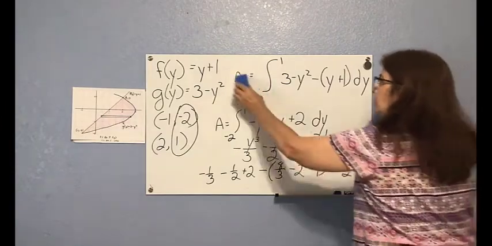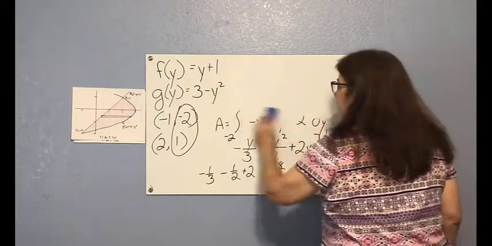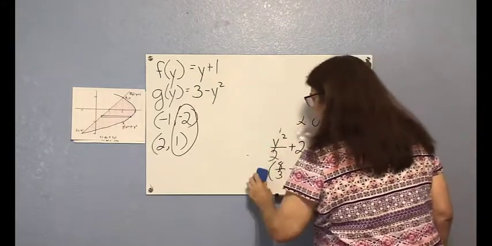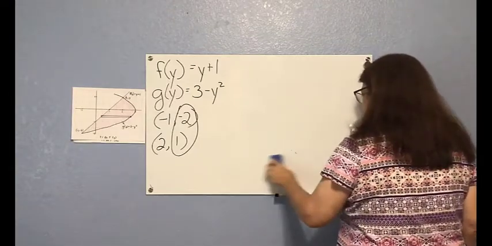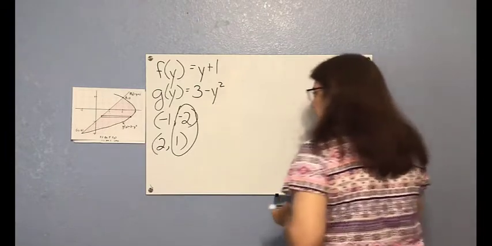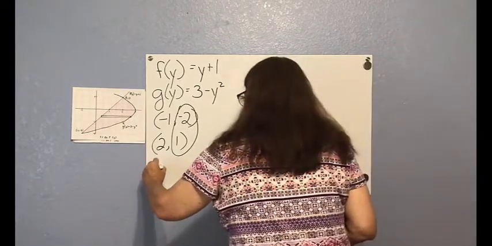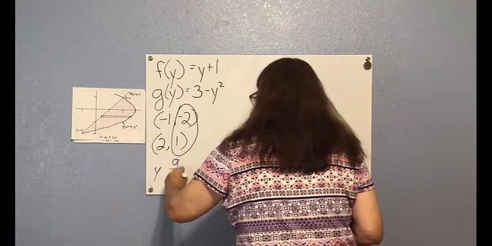I'm going to make a note of that 9 over 2. That's what I got when I integrated with respect to y. So I'm just going to write that over here. When I integrated with respect to y, I got 9 over 2.